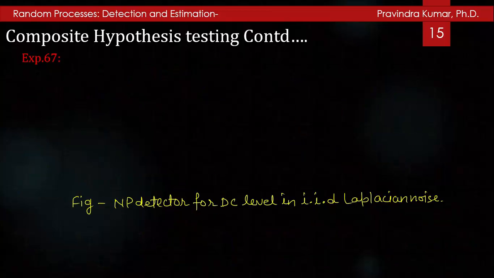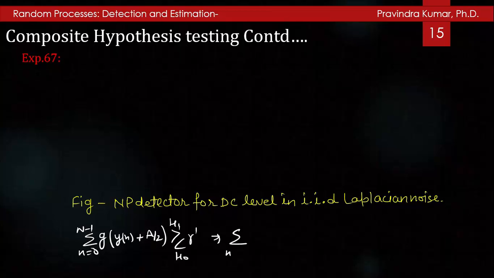So from the previous slide you have the equation summation n=0 to N minus 1 g(y[n] plus A by 2) greater than or less than the threshold value gamma dash, or you can write it as summation n=0 to N minus 1 h(y[n]) greater than or less than gamma dash.